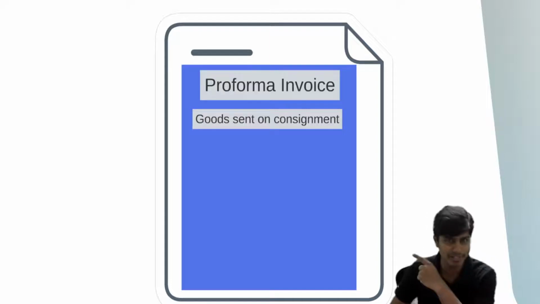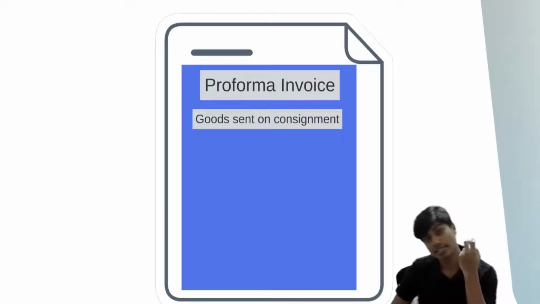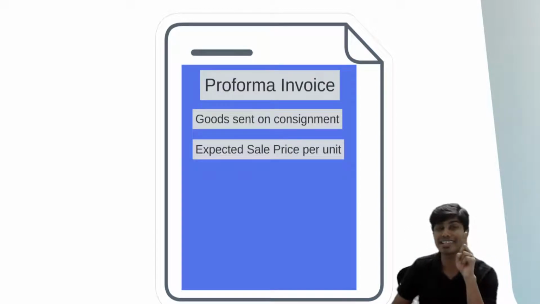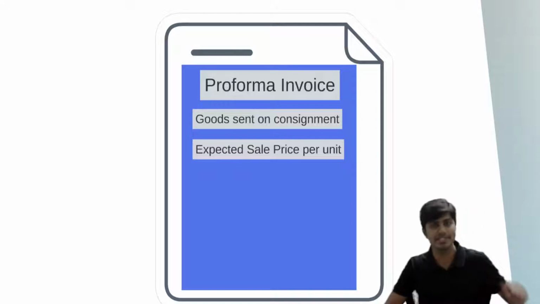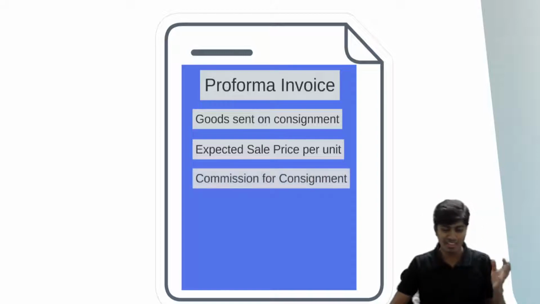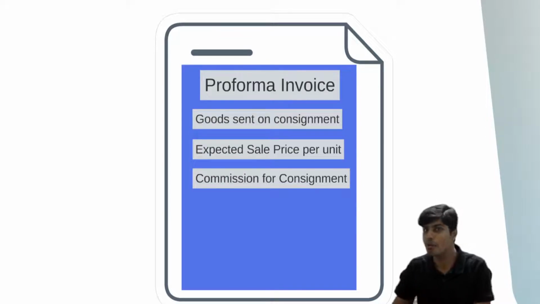So the first point in this is goods sent on consignment. The second point is the expected selling price at which the consignee is supposed to sell these goods sent by the consignor. Correct? The third point will be commission. Okay, I'm giving these goods to you. You will sell these goods. But why would you sell it? I'll give you some reward.